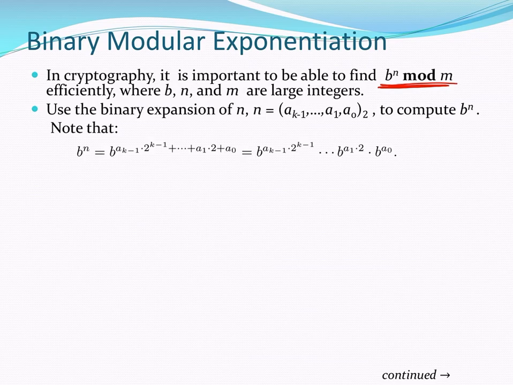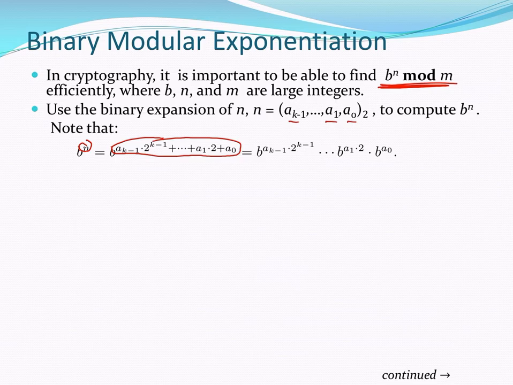So if I use a binary expansion of n, I see that I can break n into the sum of powers of 2, and you only include those powers of 2 for which the bit would be a 1.